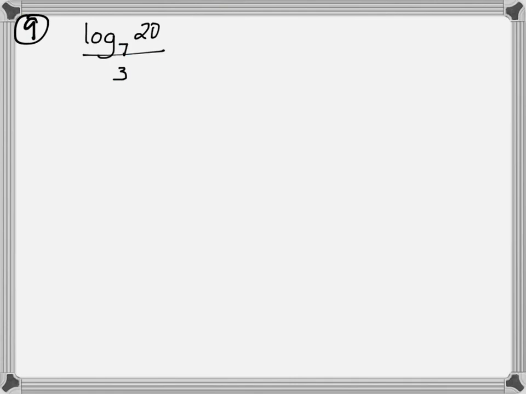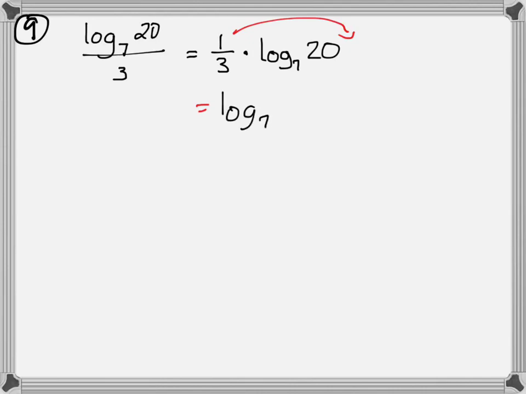Let's look at this next one. So we need to figure out when it's divided by 3, what's another way of writing it? Another way of writing that is 1/3 times log base 7 of 20. So let's move that exponent up. And so we end up with log base 7 of 20 to the 1/3.